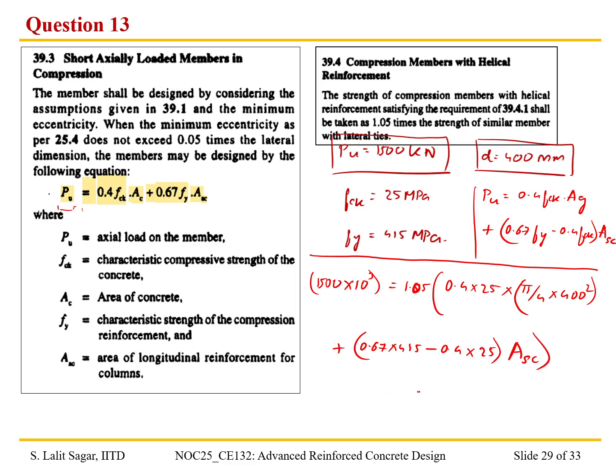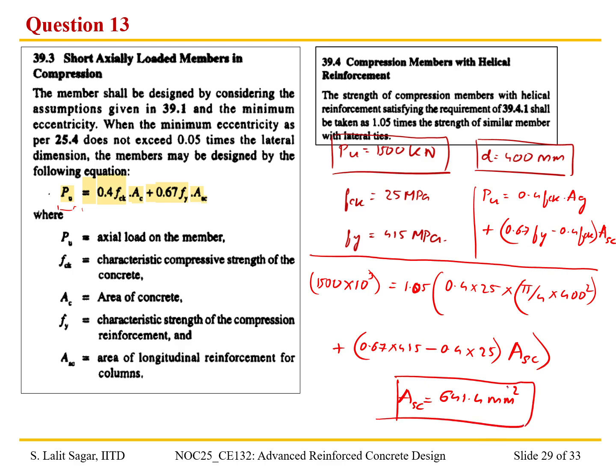Solving this, we get the value of Asc as 641.4 mm square. For those who are solving the problem later, I request you to check this value once again and make sure that you're getting this value, which is 641.4 mm square.